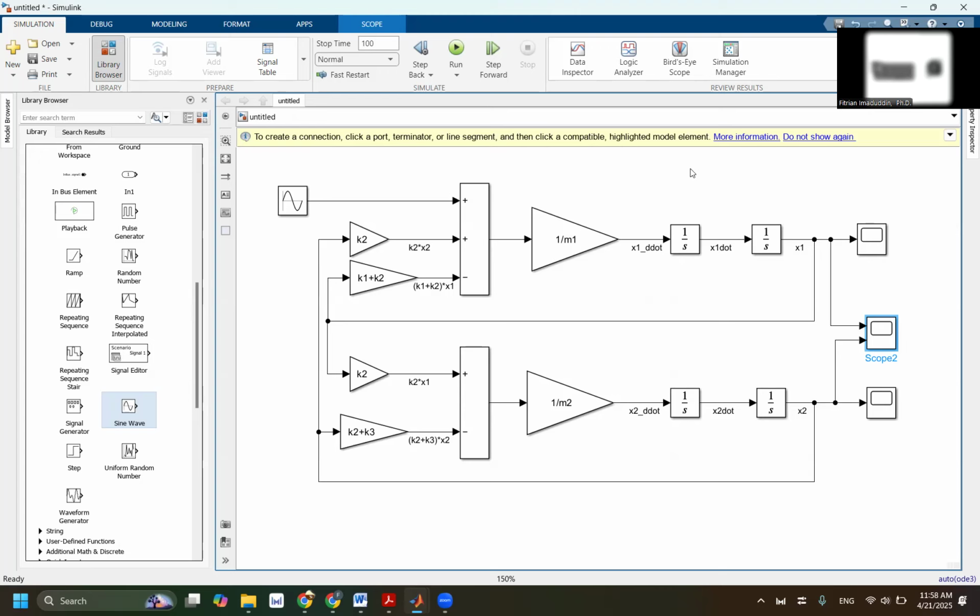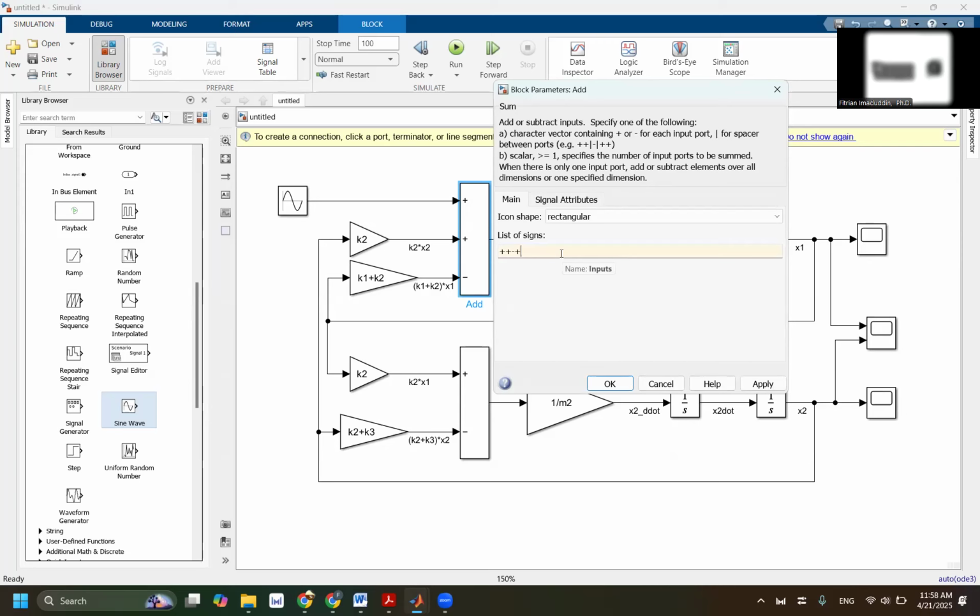So here you will have the additional term. This is F, minus K2 X2, minus this plus C X2 dot minus C X1 dot, times 1 over M1. And this one will be plus C X1 dot minus C X2 dot equal to 1 multiplied by 1. Now I will adjust this.